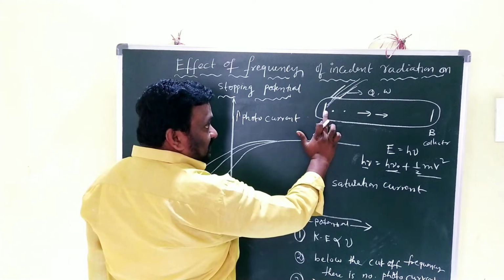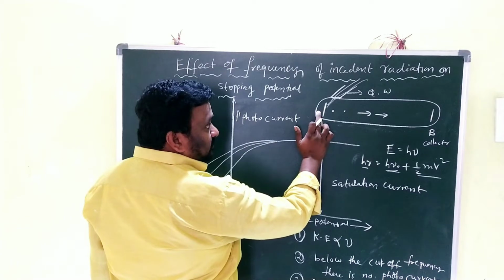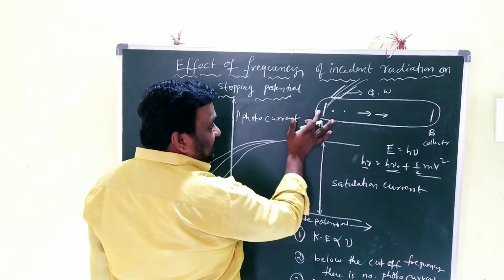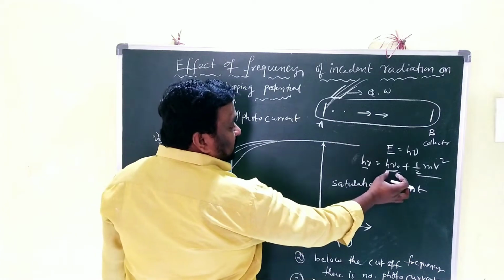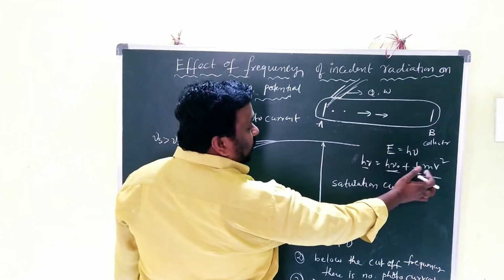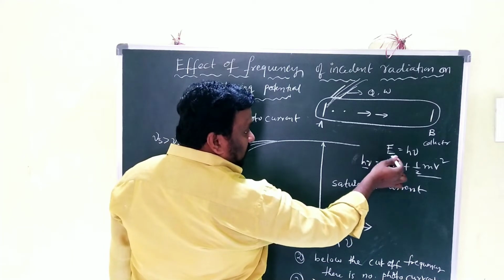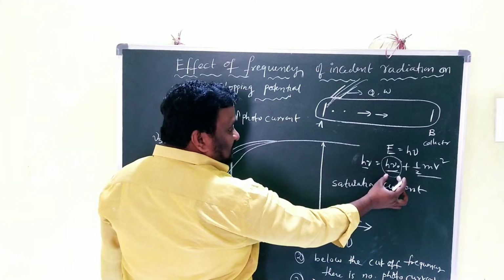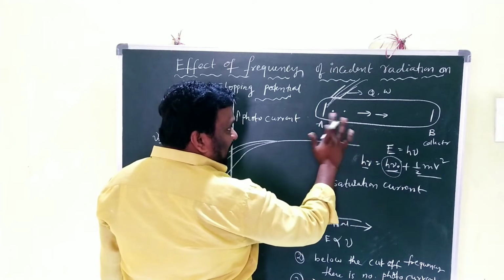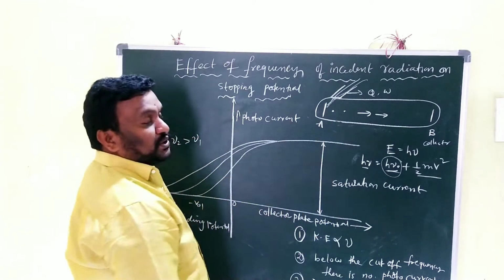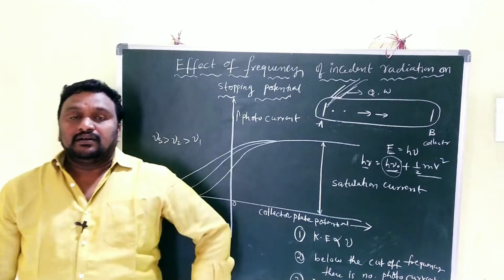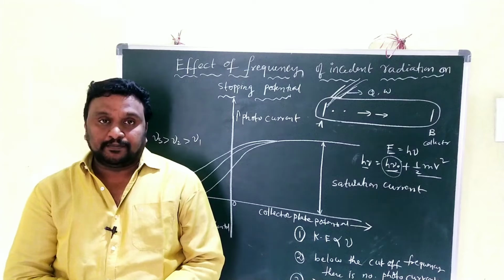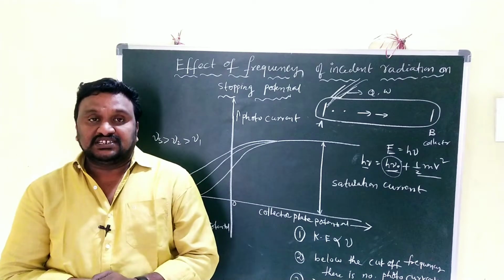When light, which is nothing but energy, is incident, h nu should equal the work function plus half m v square. The work function is the minimum amount of energy required to remove the electron from the metal surface. Here you have to understand that.